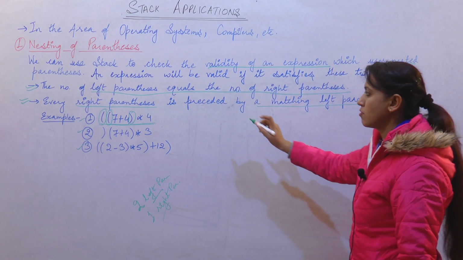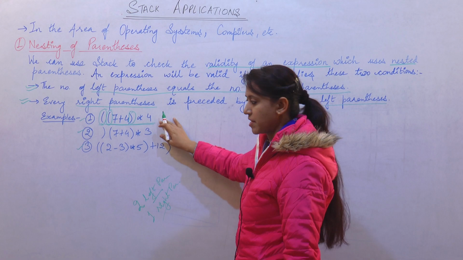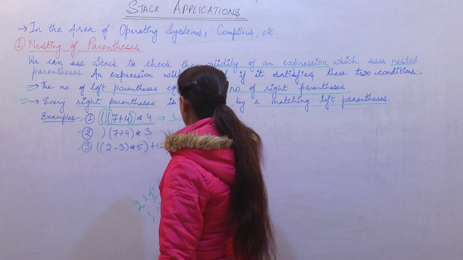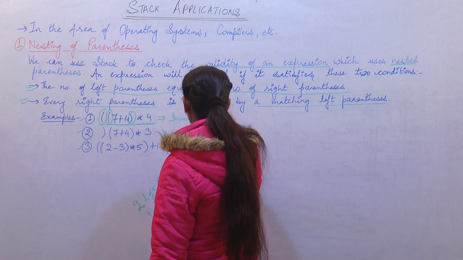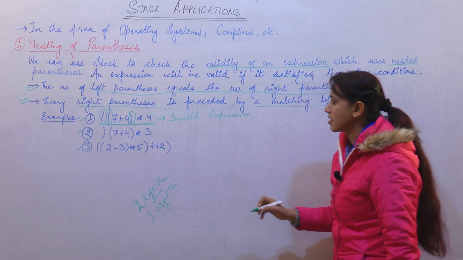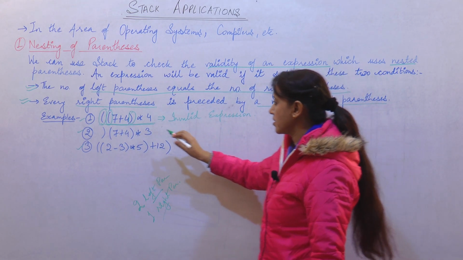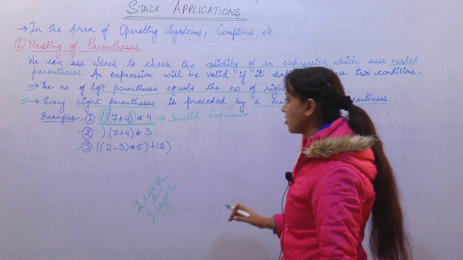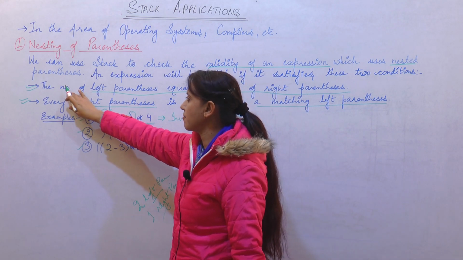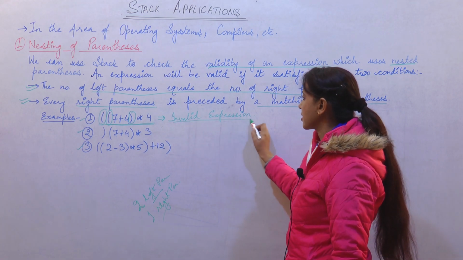So our first rule is violated, and this will be an invalid expression. We are declaring it an invalid expression because the number of left parentheses is not equal to the number of right parentheses. This rule got violated, that's why we are calling it an invalid expression.